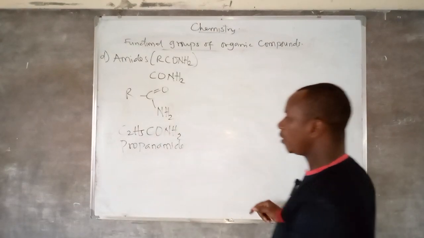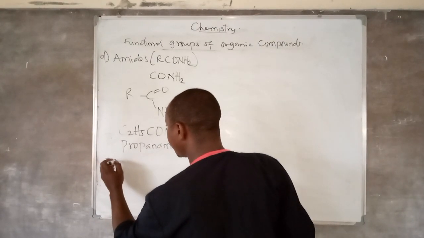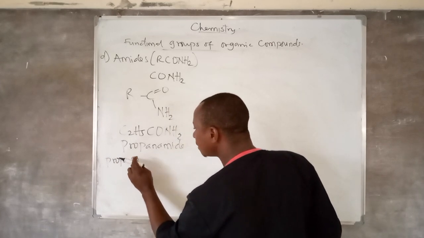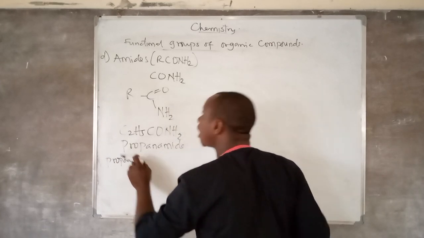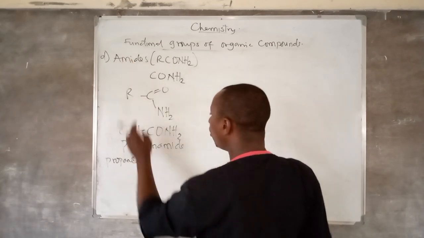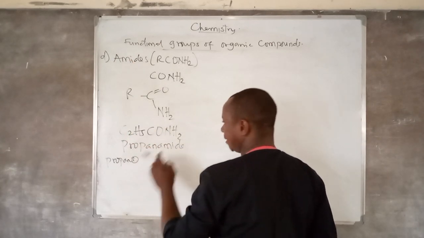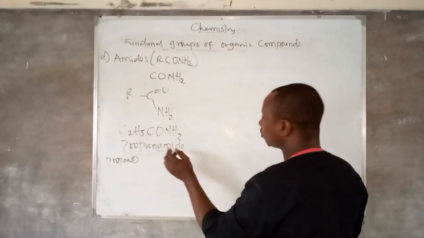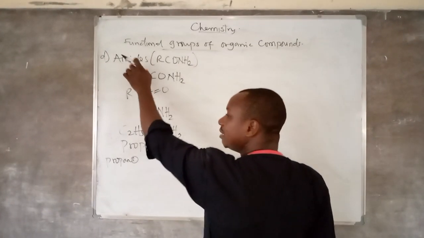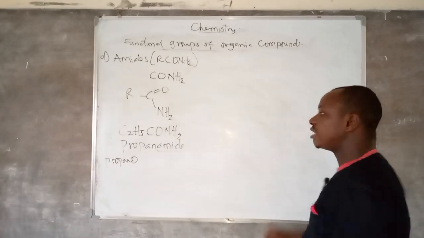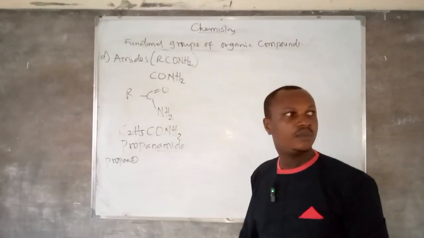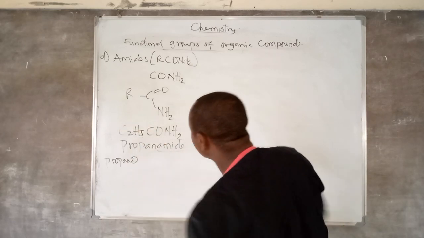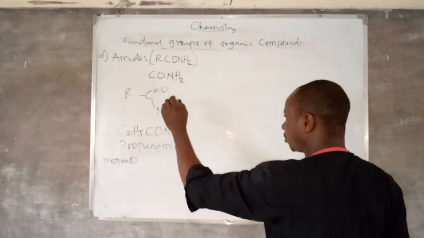From normal propane, the E ending has been removed and substituted with amide. The full name of the parent is what is used as the prefix. It is named according to the number of carbon atoms it has.